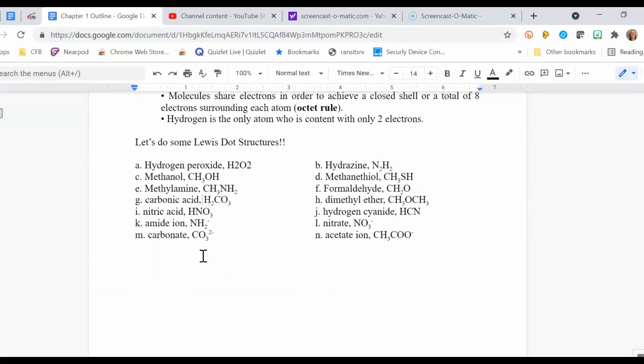But let's make sure that you understand you are going to need to draw the Lewis structure for each of these. And I'm going to go ahead and get you started with hydrogen peroxide. So let's take a look at hydrogen peroxide, and this is going to be done on your own paper, and then you are going to be uploading what you have.